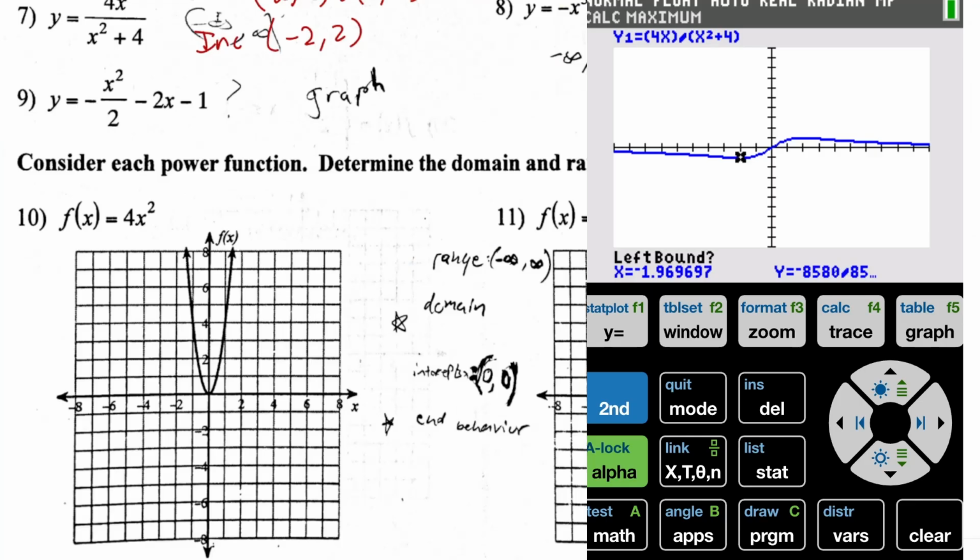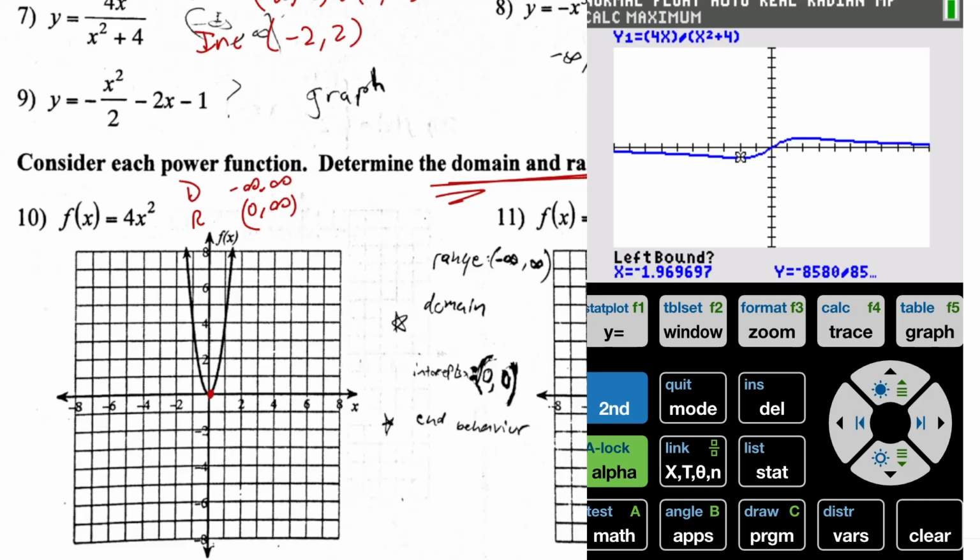All right, domain and range, intercepts and behavior. Domain and range for this one. Let's see, for this one, domain is -infinity to infinity, and range is 0 to infinity. The x-intercept is 0, 0, and the y-intercept is 0, 0.